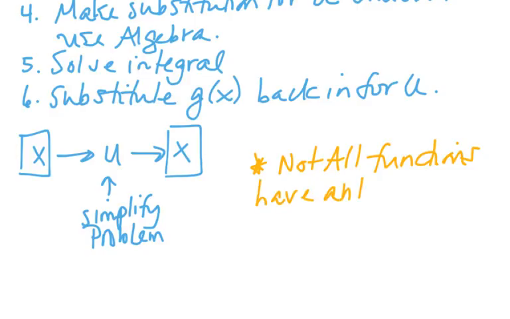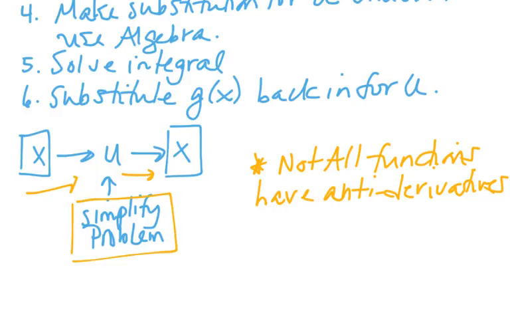We'll learn some other fancy things to do when we back ourselves into a corner, which, if you're like me, happens frequently with this. So that's the overarching message here. You're going from x to u, back to x, and the problem that you get in terms of u is supposed to be a tad simpler, you hope, than the original problem in terms of x.